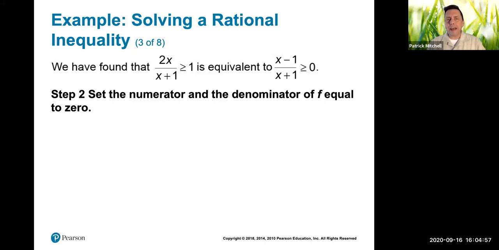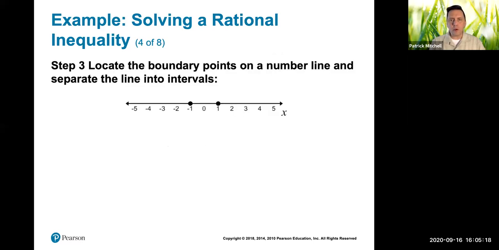The values of x that make the numerator 0 are going to be the values for my step 2. Okay. So, of course, if x minus 1 is 0, that means x is 1. And if x plus 1 is 0, that means x is negative 1. So these are our boundary points. We're going to plot them on a number line. And now that creates 3 intervals.